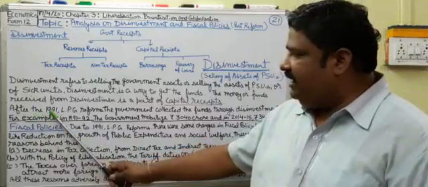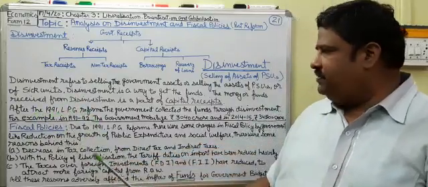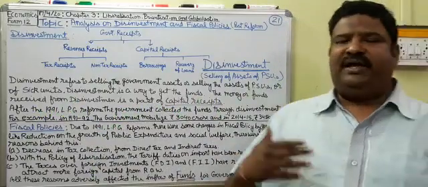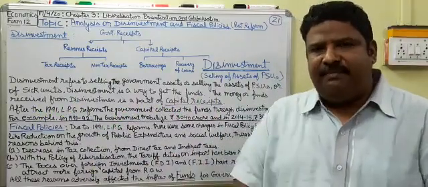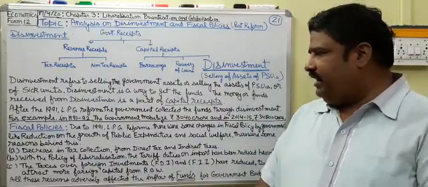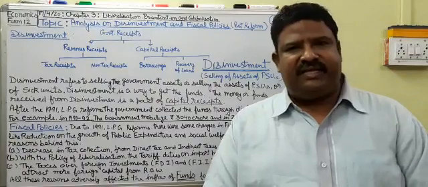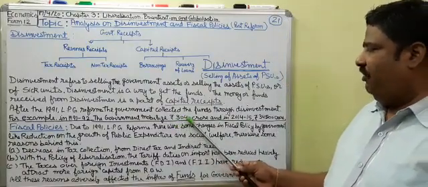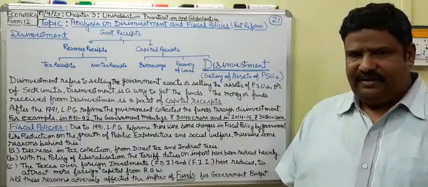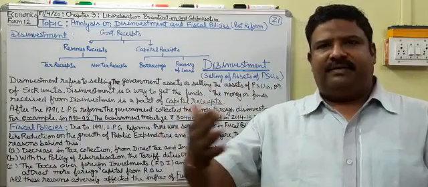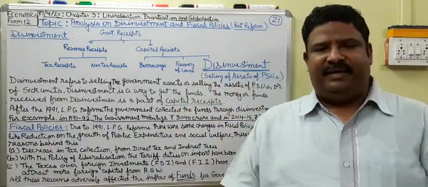After the 1991 LPG reforms, the government collected funds through disinvestment to a great extent. For example, in 1991-92, the amount mobilized through disinvestment was 3,040 crore rupees. The government disinvests assets every year and gets money.